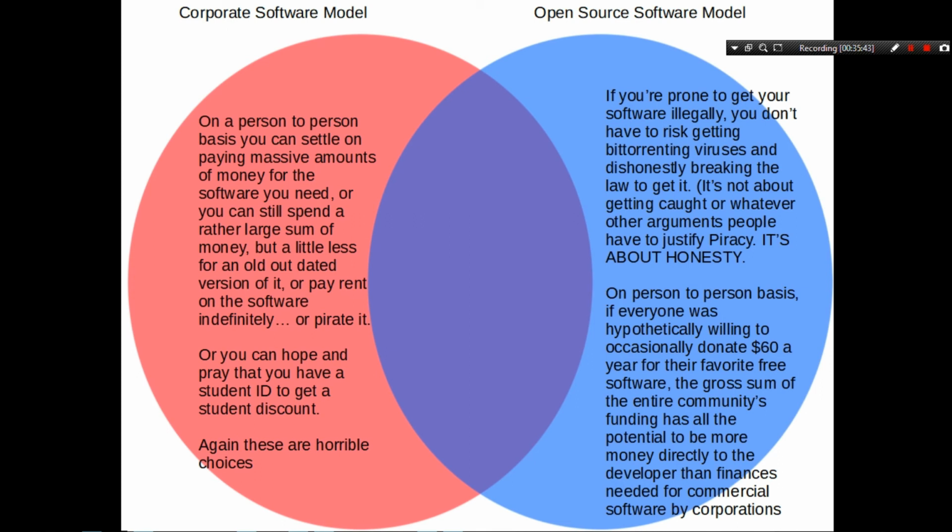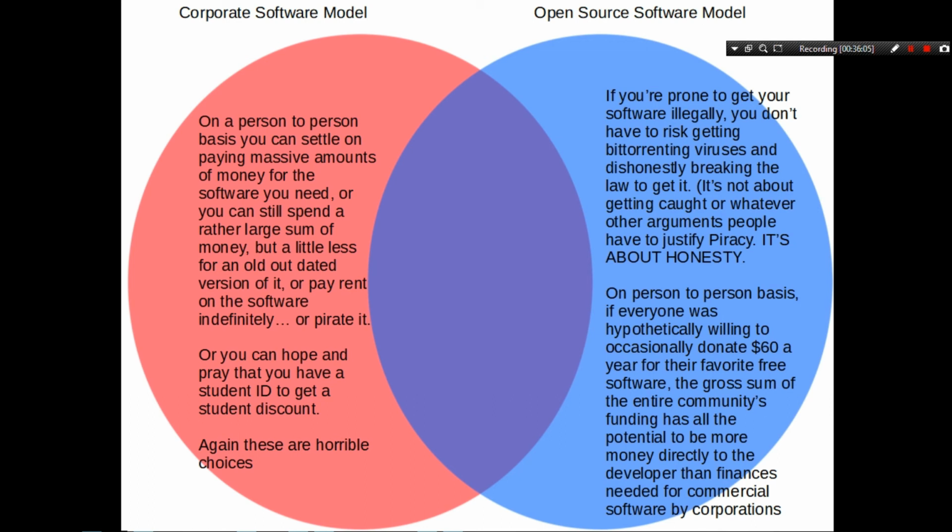Because you have to think about this. It's just a few men in suits with big wallets versus the entire world willing to donate $10 here and there. The whole world full of people with $10 here and there obviously mounts up to a bigger amount of money than a few men with big wallets.